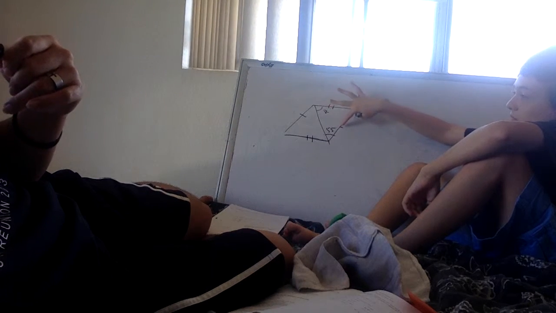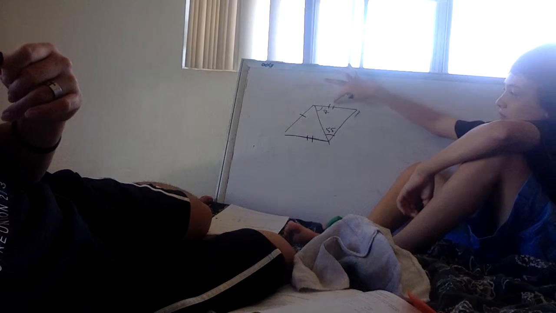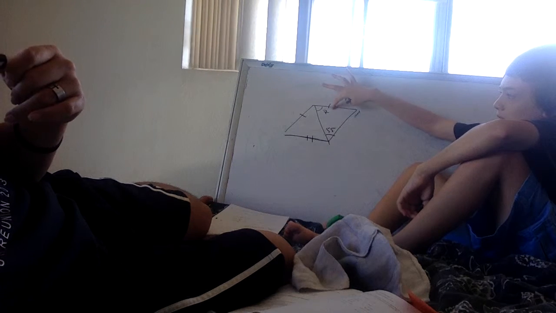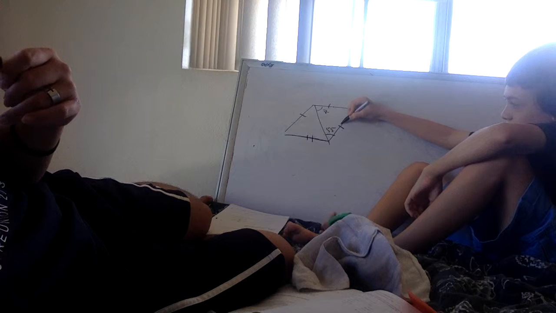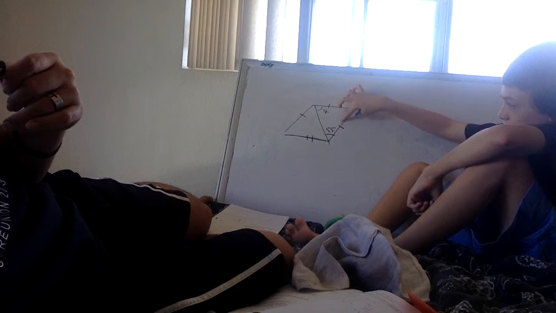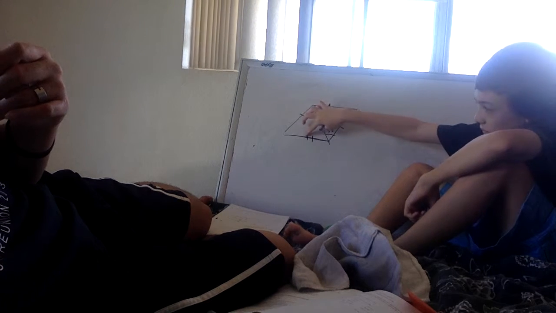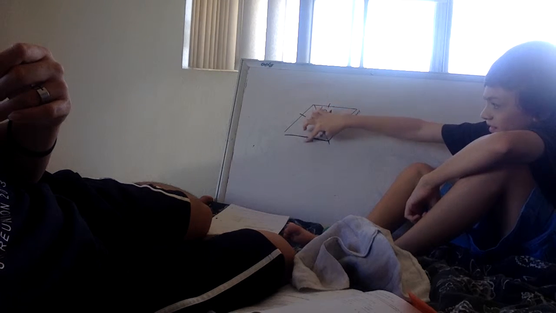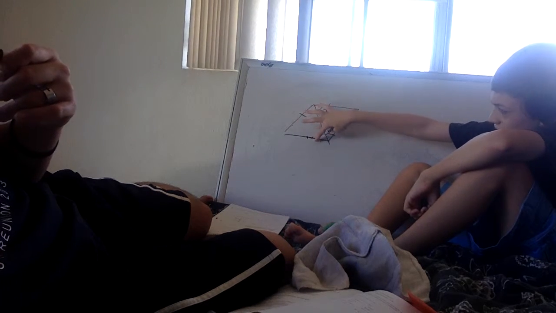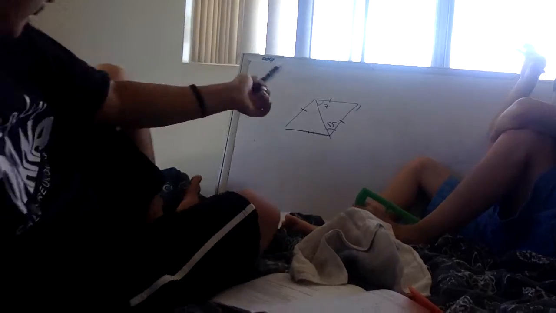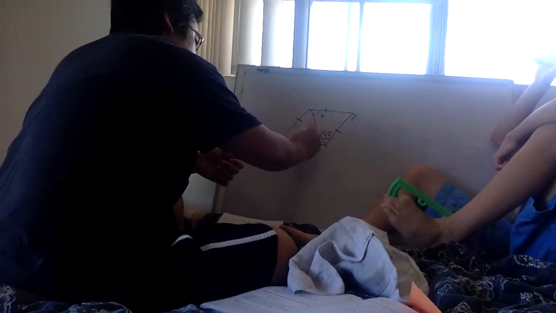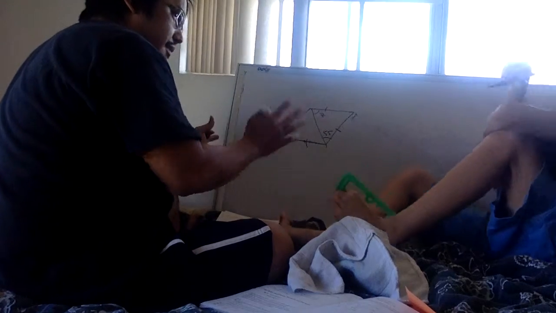I'm telling you that they're a rhombus. So a rhombus has all the sides equal to each other. It's 55? Well, all the sides are equal to each other, right? So all of these sides are equal to each other for a rhombus.